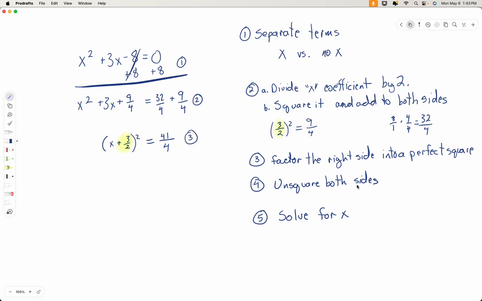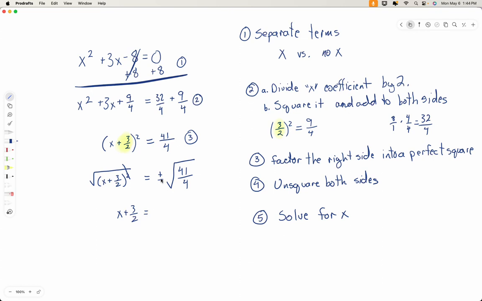Now I'm going to do step 4 and unsquare both sides. So when I unsquare both sides, right, this cancels. So this becomes x plus 3 over 2.